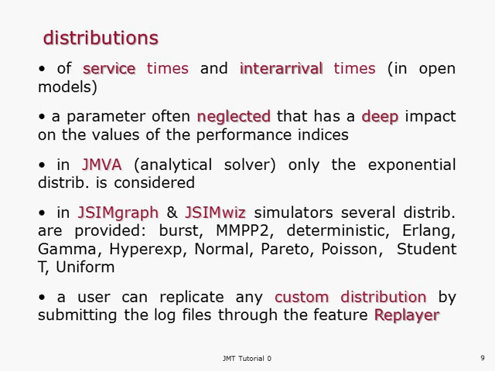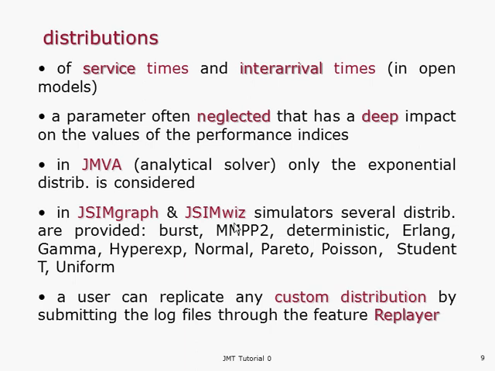The distribution that can be selected in JMVA is only the exponential distribution, because the analytical solver has some restrictions with other distributions, while in simulation with the other tools you have several possibilities to select among several available distributions, or to submit a custom distribution.